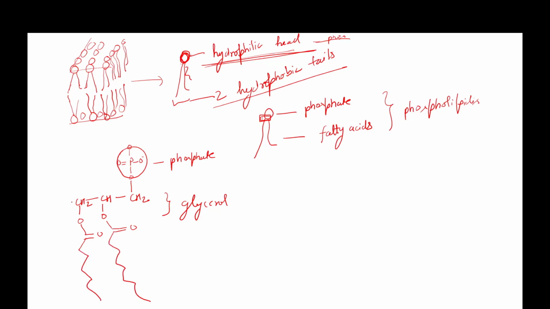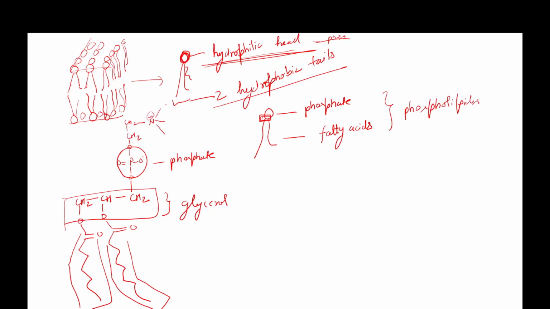The phosphate group can be modified with simple organic molecules such as choline. So this is the basic structure.